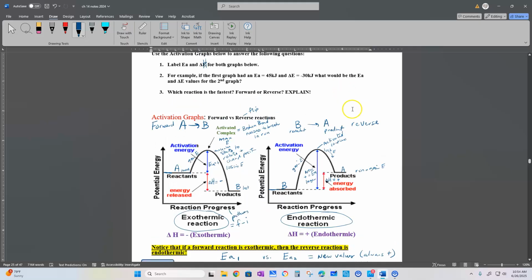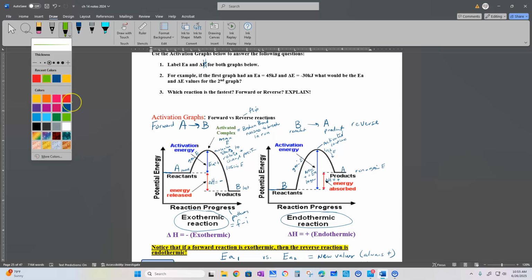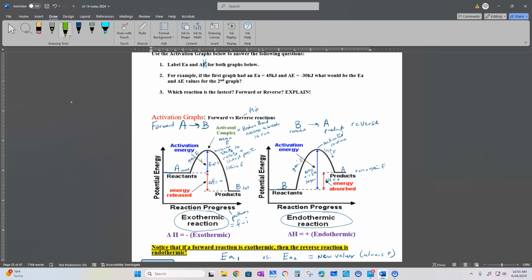So let's do an actual scenario with numbers. So for example, if the first graph had an EA of 45, okay? So let's say this EA was 45. Let me do it in a different color. We'll go green. So this EA is 45, and it says 45 kilojoules. And my delta E, that looks like a negative 30 kilojoules.